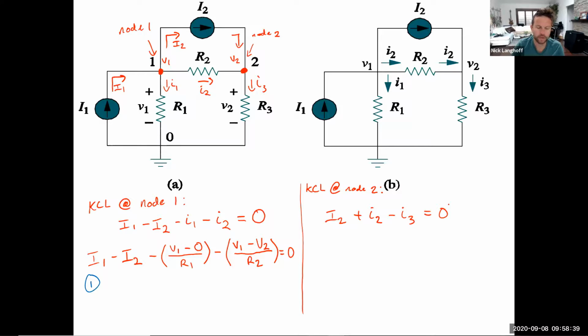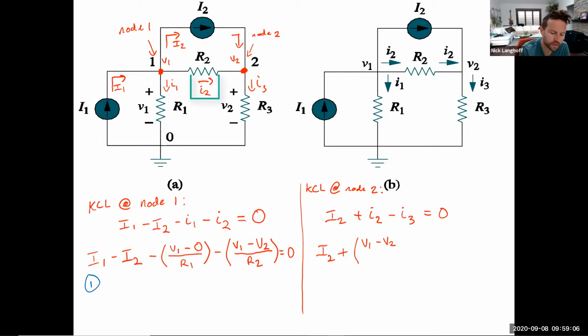Okay, if we were going to do step 2 then, we would rewrite the unknowns, the lowercase variables, in terms of the node voltages across the elements, divided by the resistance in between. So i2, remember we said that's V1 minus V2. And why is it V1 minus V2?